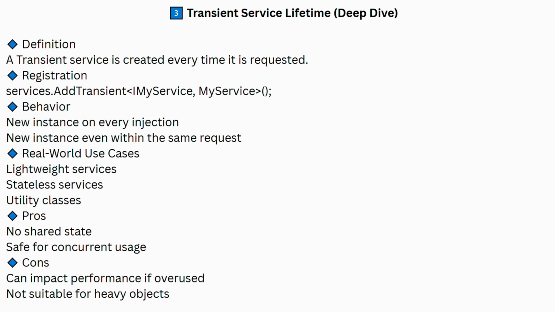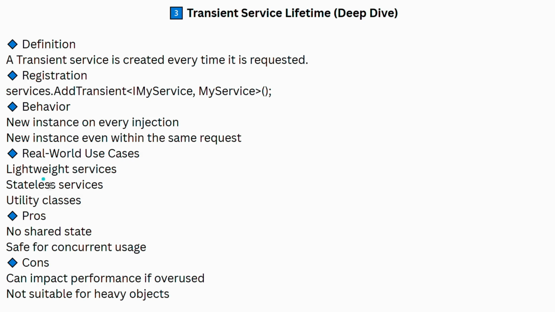Even within the same request, if the service is injected at different levels, it will create different objects. What are the real-world use cases?